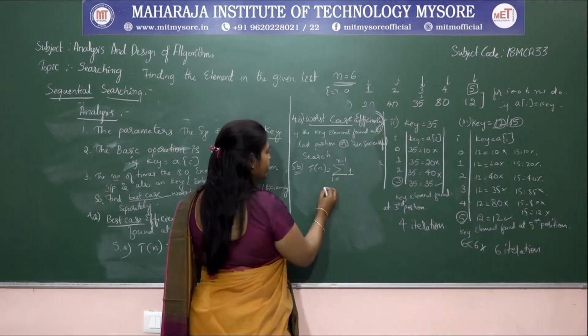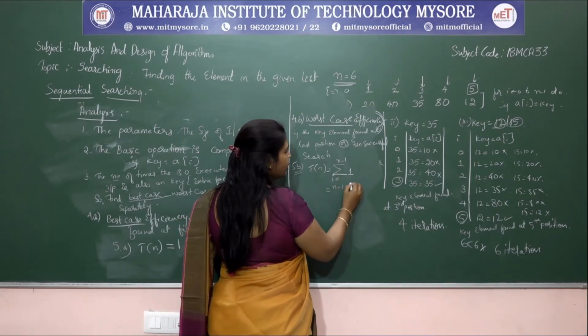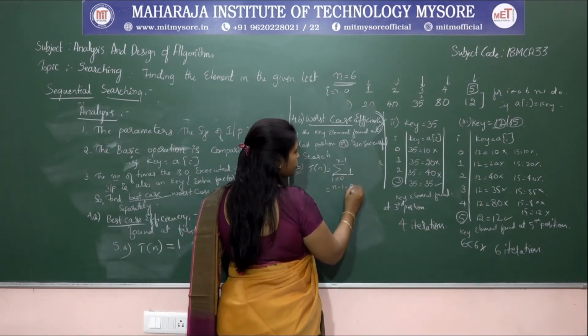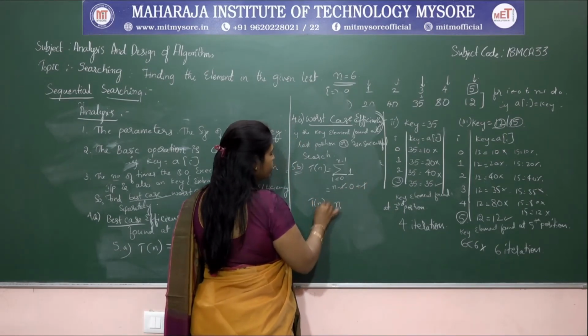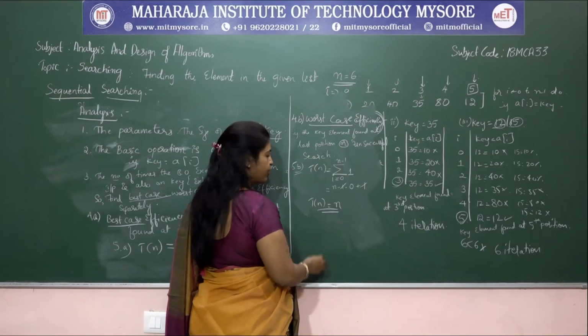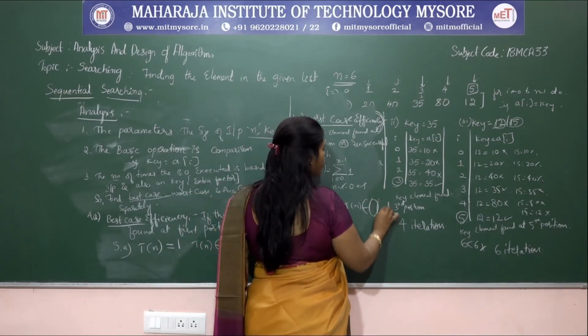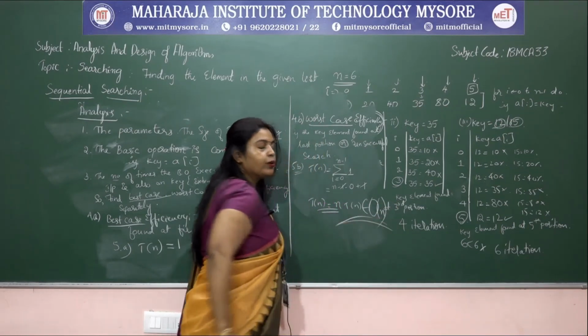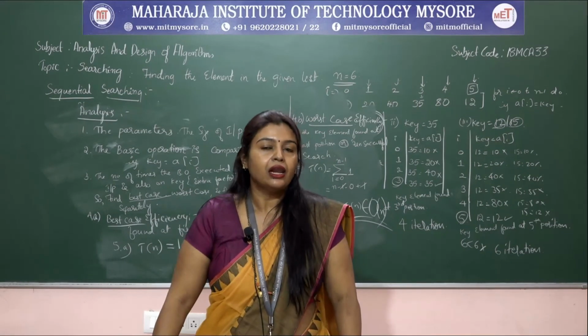Now we apply upper bound minus lower bound plus 1. The plus 1 and minus 1 get cancelled. So T of n belongs to big O of n.